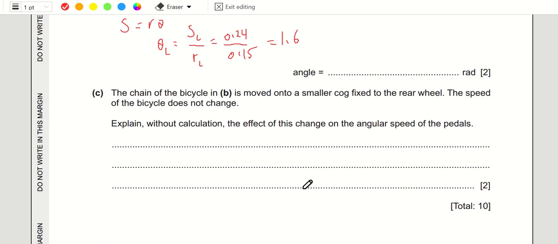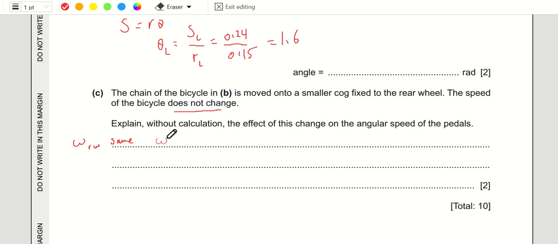The chain of the bicycle is moved onto a smaller cog fixed to the rear wheel. The speed of the bicycle doesn't change. Explain without calculation the effect of this change on the angular speed of the pedals. So, as the speed of the bicycle doesn't change, the speed of the rear wheel also doesn't change, and omega rear wheel doesn't change. It is the same.